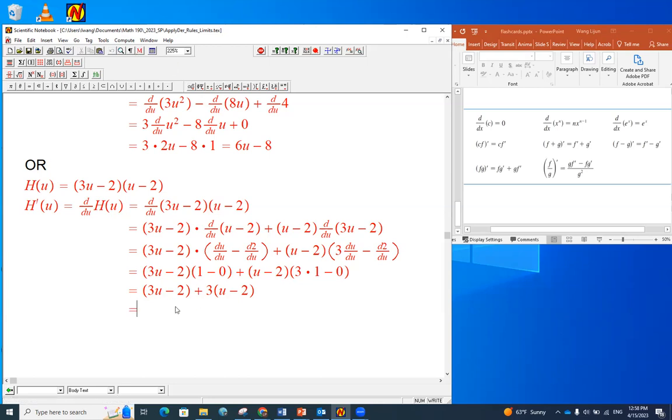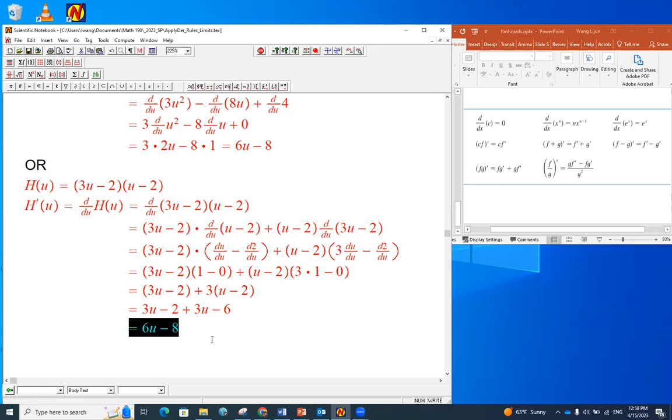Okay, so we're going to have 3u minus 6 plus 3u minus 6. Wait. Oh, no, minus 2. Sorry, this is minus 2. No wonder. And in the end, we have 6u minus 8. We should get the same answer. Minus 8. And that's it.